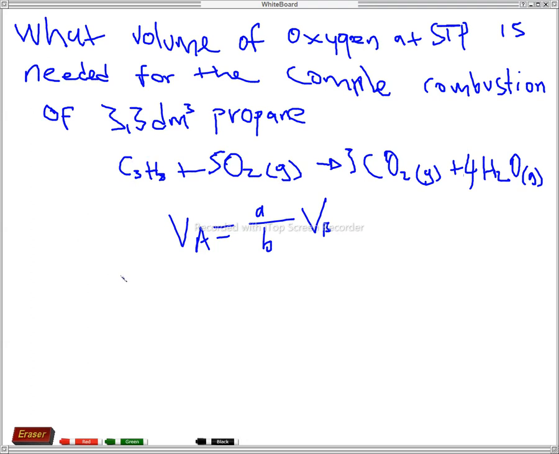So they want what volume of oxygen at STP is needed for the complete combustion of 3.3 decimeter cubed of propane. We are given the equation, and we did balance it correctly. Then we should just determine the volume of oxygen.